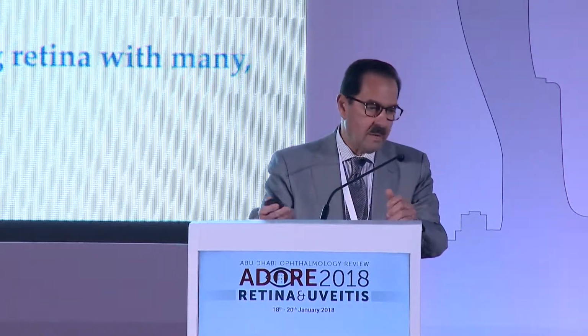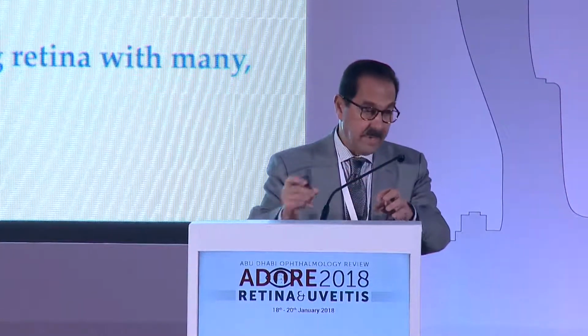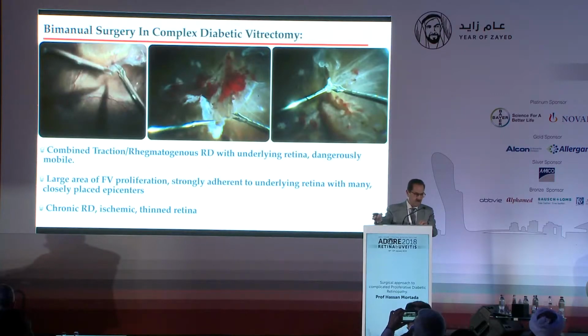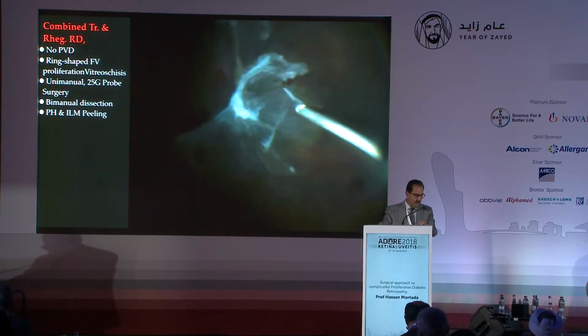So when we are obliged to use the bimanual surgery, these are cases of severe traction rhegmatogenous retinal detachment, large areas of fibrovascular proliferation strongly adherent to the underlying retina with closely placed epicenters, and chronic retinal detachment with ischemic thinned retina.